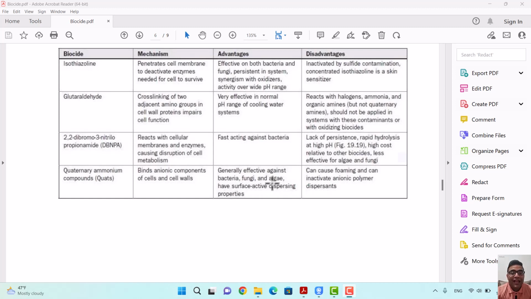And since quats have surface active properties, they can help biodispersants. Of course, their disadvantage is that they can cause foaming and can inactivate anionic polymer dispersants. If it is formulated with high foaming, it can be a problem. But in a normal way, it is not that much of a problem.